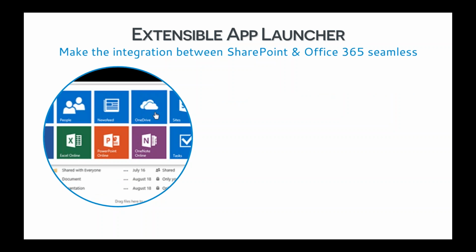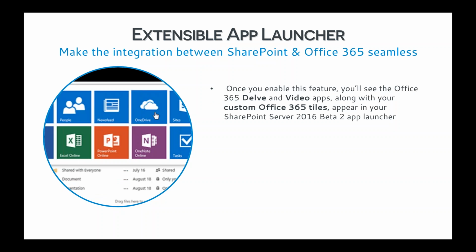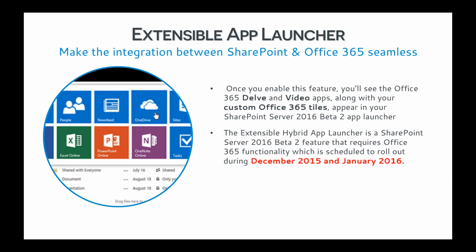Another cool feature, the extensible app launcher. Once you set up the hybrid team sites, you're going to have Video and Delve directly in the SharePoint 2016 ribbon. Also, we should have an update. Microsoft said December 2015, January 2016, but it's not there yet.